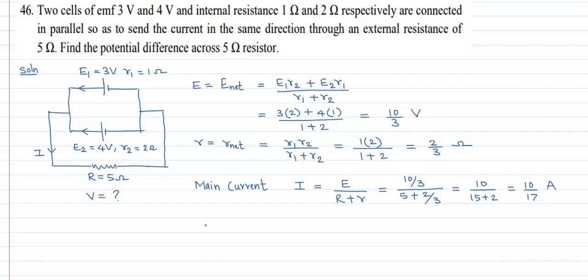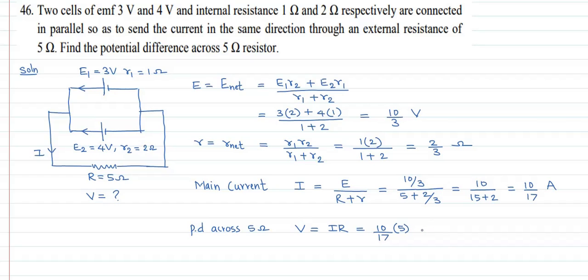So now the potential difference across 5 ohms, that is V. V is equal to I into R. If you substitute, I is 10 by 17, R is 5.